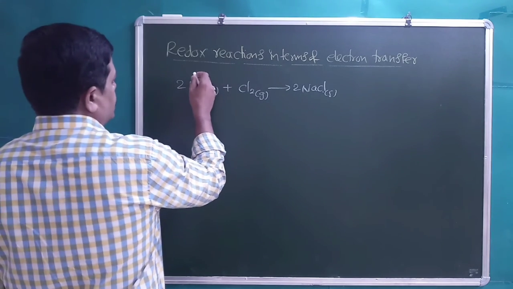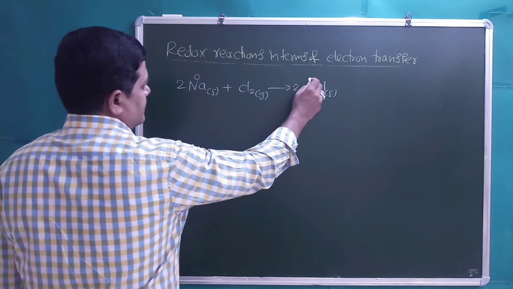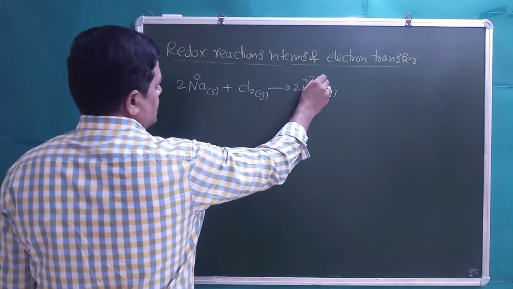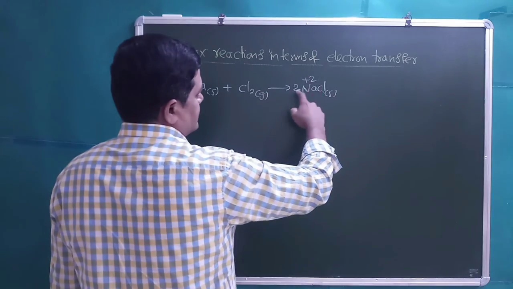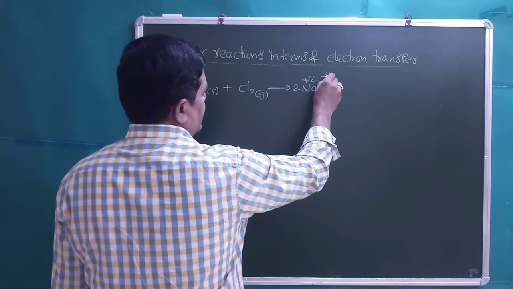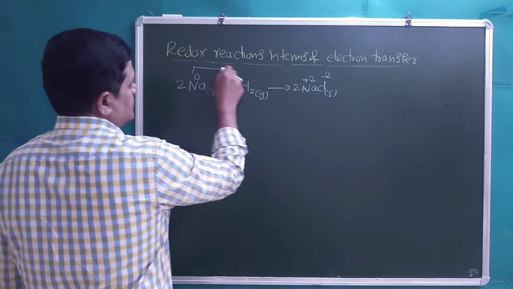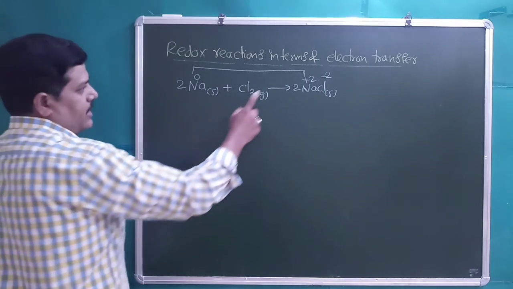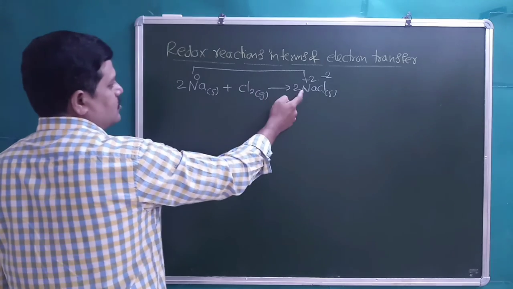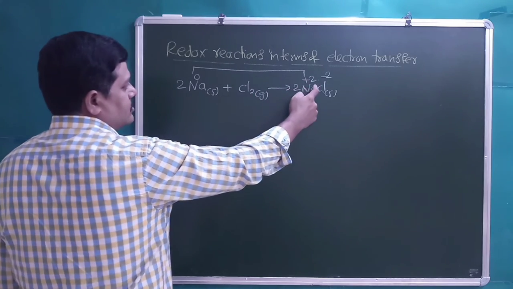Here, charge on Na is 0. For 2Na, that is plus 2. Cl2 is 0, and the 2 Cl minus ions are there, minus 2. So for the Na, neutral Na is converting into Na plus, right? Plus 1 for each sodium, and for 2 sodiums plus 2.